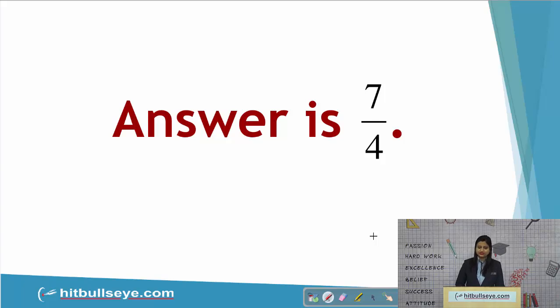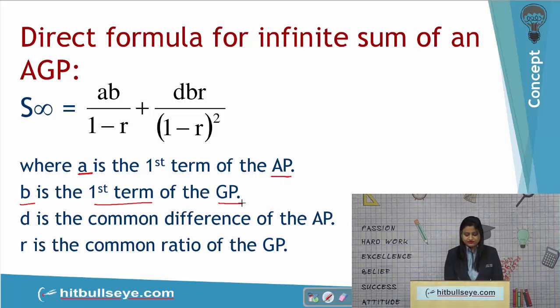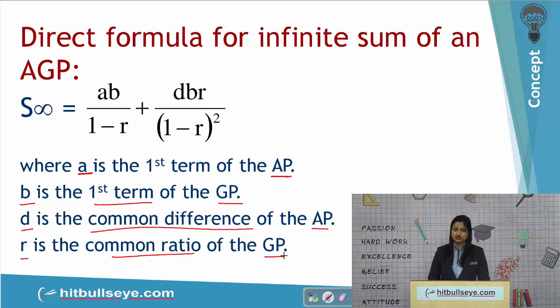Now come to the shortcut. This is the direct formula for infinite sum of an AGP. It says S infinity, sum of infinitely many terms, is equal to AB upon 1 minus R plus DBR upon 1 minus R whole square, where A is the first term of the AP, B is the first term of the GP, D is the common difference of the AP, and R is the common ratio of the GP. Let us apply this shortcut.